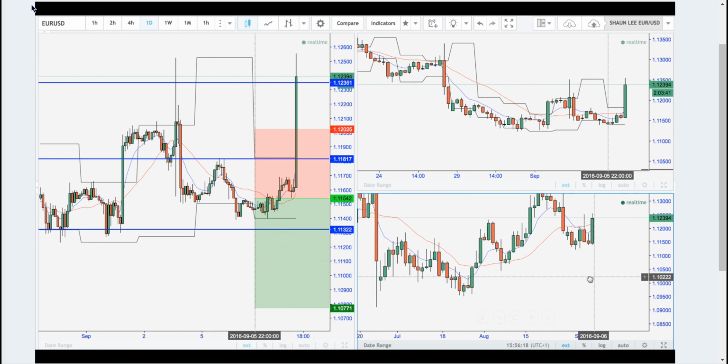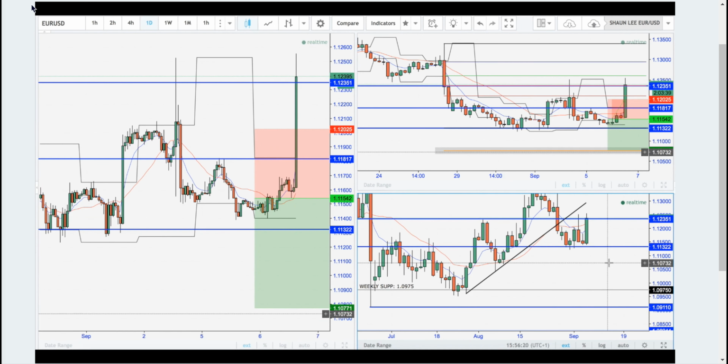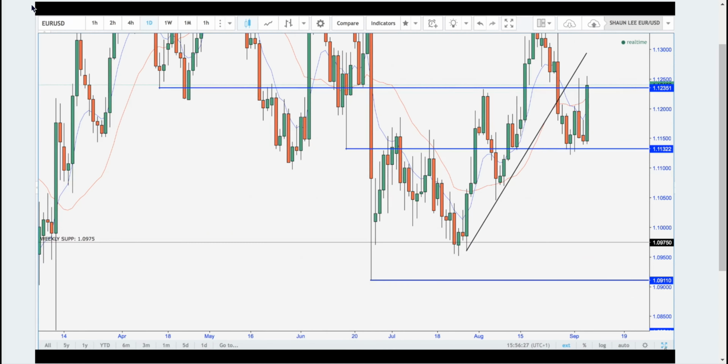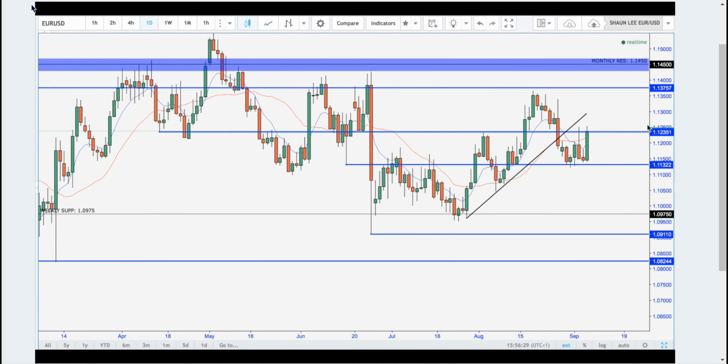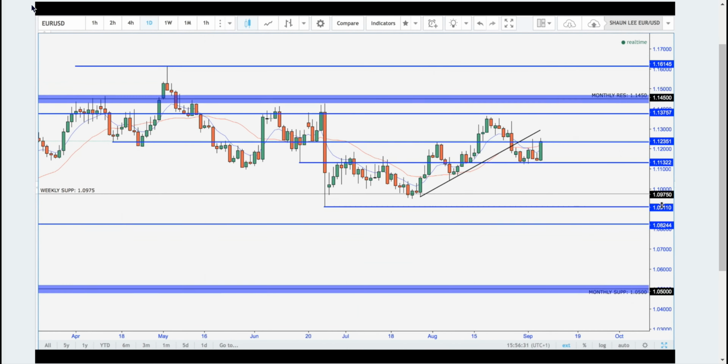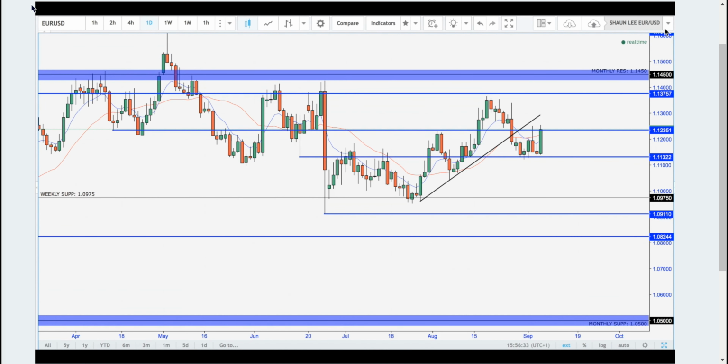And this sometimes doesn't respect the candlestick formations as well as we would like it to. Why? Because we're in a whole range of consolidation at the moment on this currency pair, which is between 1.1450 and 1.0500. So let's just open up another currency pair to see what else we can find out here.